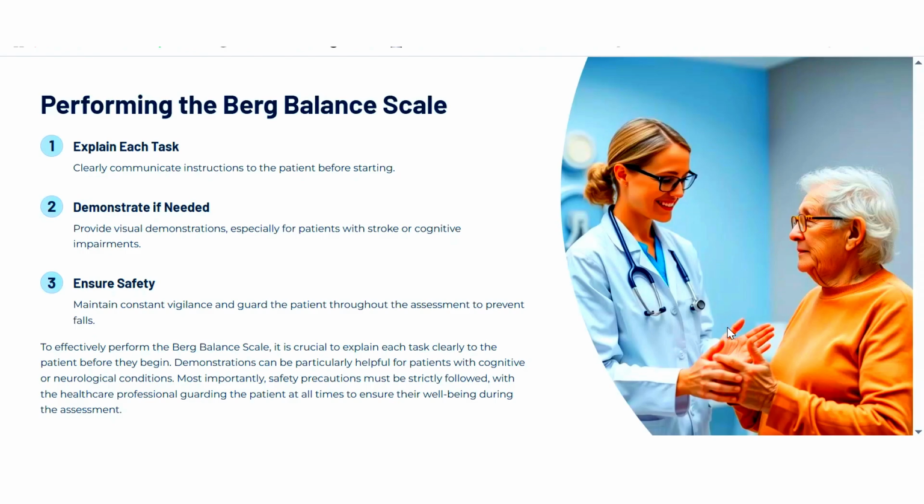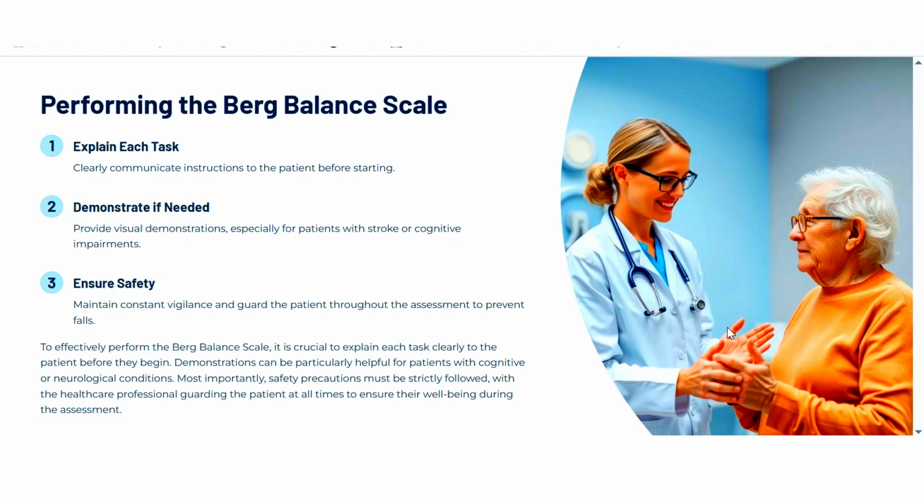For performing the Berg Balance Scale, clearly communicate the instructions. I am giving you all these steps to understand how you can explain to the patient, how you can demonstrate, and how you can take care of the patient's safety. These are very important steps. Explain each task and clearly communicate the instructions.